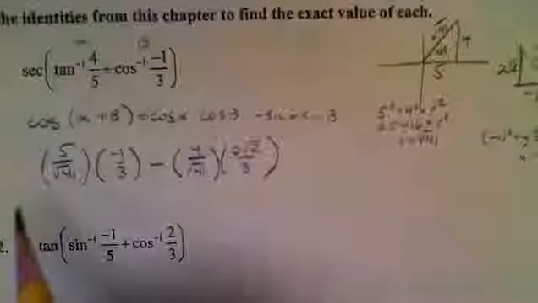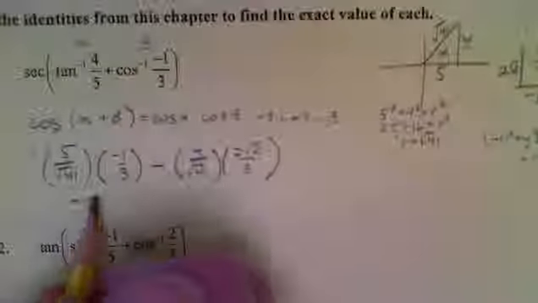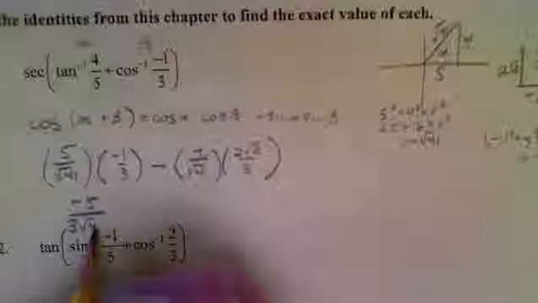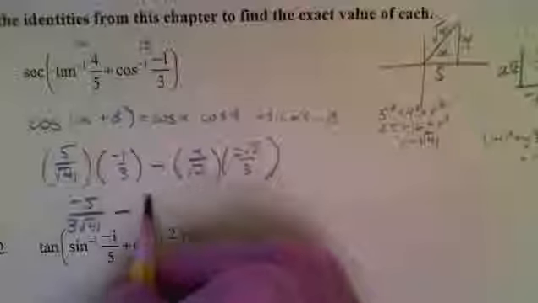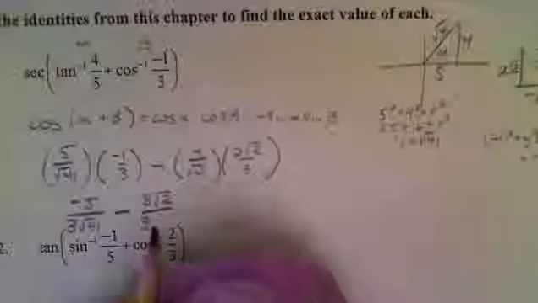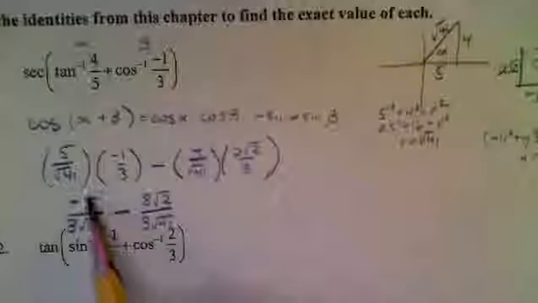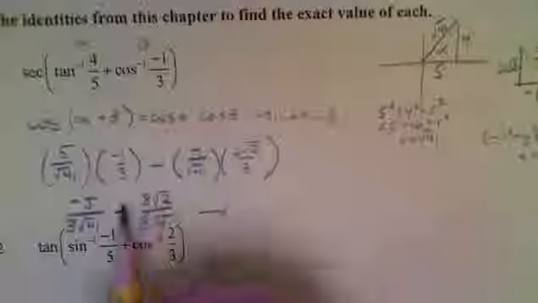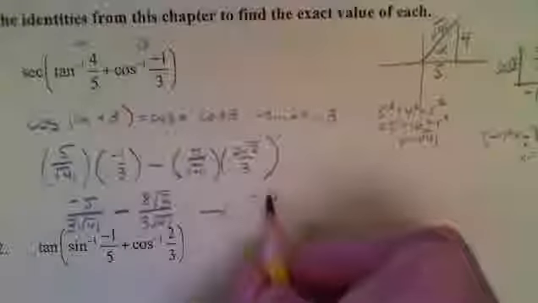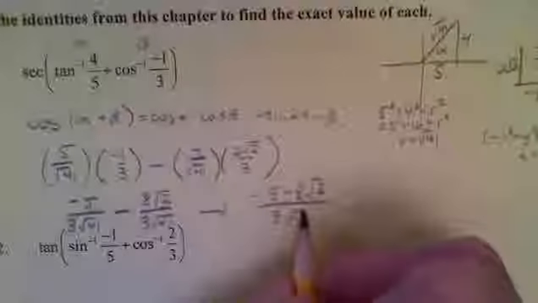Now, to simplify that, you're just going to multiply. Multiplying straight across, I get -5 over 3 radical 41, minus 8 radical 2 over 3 radical 41. Since they're like denominators, which they always will be, you just add the numerators. Those are not like terms, so I can't combine them. I have -5 minus 8 radical 2 all over 3 radical 41.